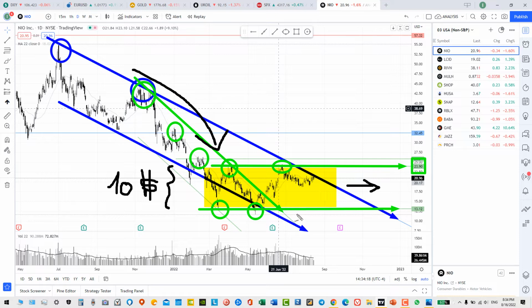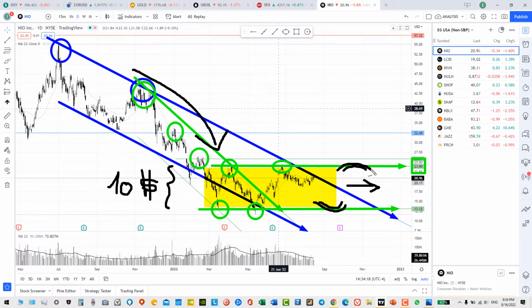This corrective medium term wave can be used for a kind of speculation, where you can virtually buy around the bottom and supports and sell around the highs and the resistance.